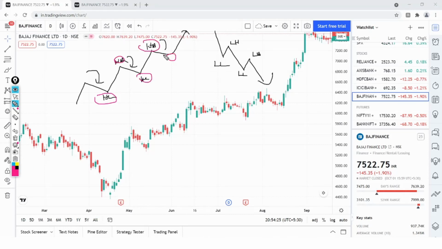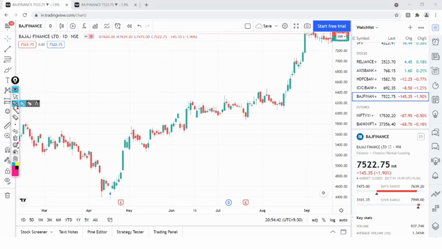The same applies to lower highs and lower lows. The behavior in between this zone will decide the downside as well as the upside. That is what we're going to look at closely.